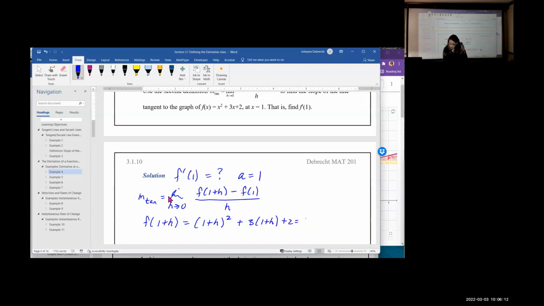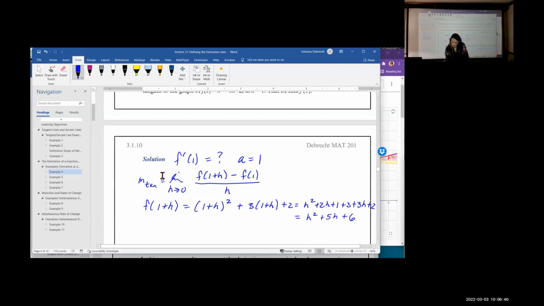So this is going to give me h squared plus 2h plus 1 plus 3 plus 3h plus 2, which gives me h squared plus 5h plus 6. Is that what you guys got? Okay, Shuri agrees. That's what she got.